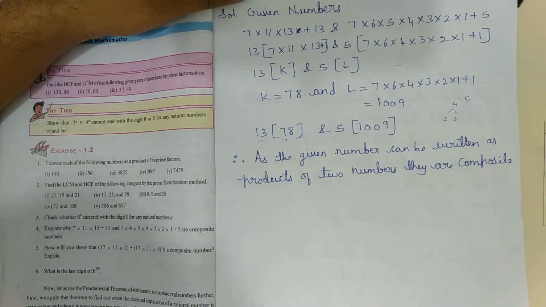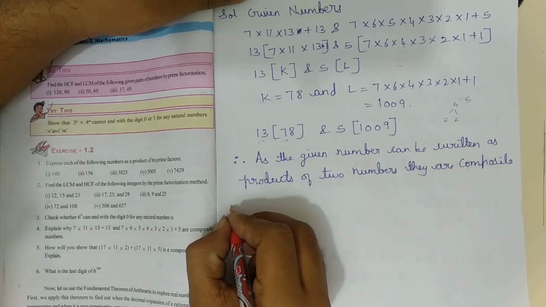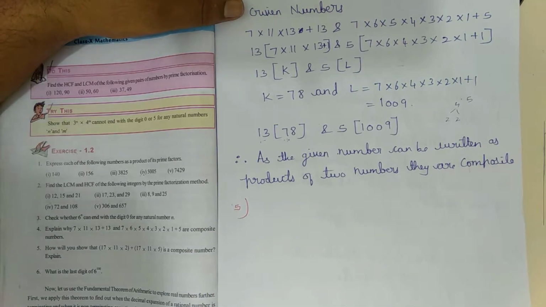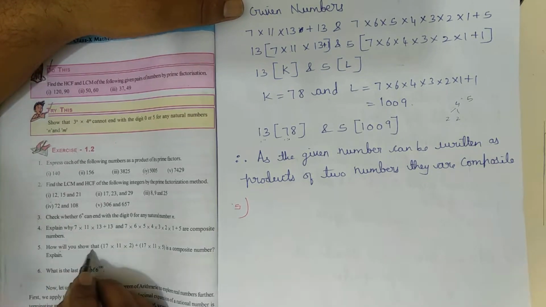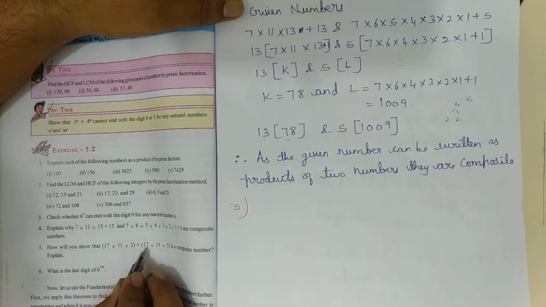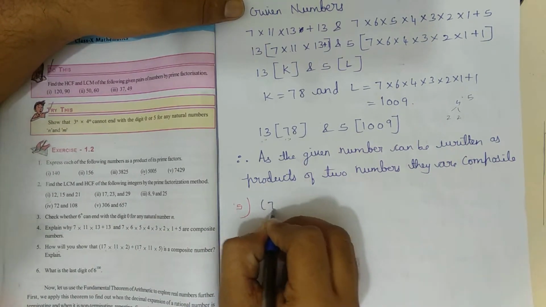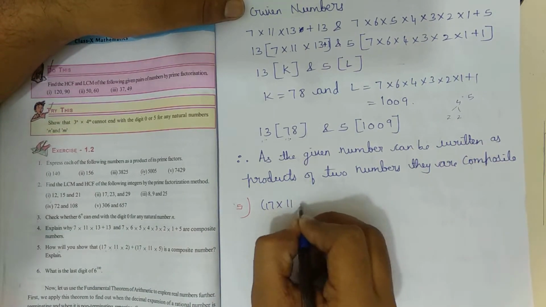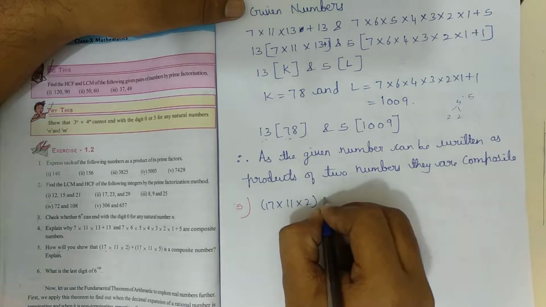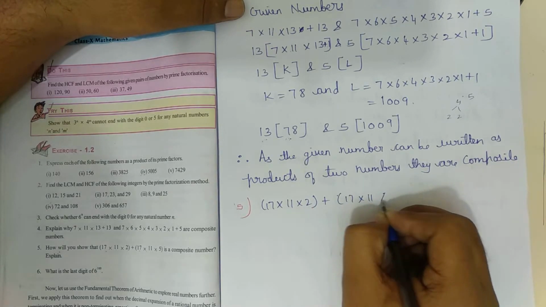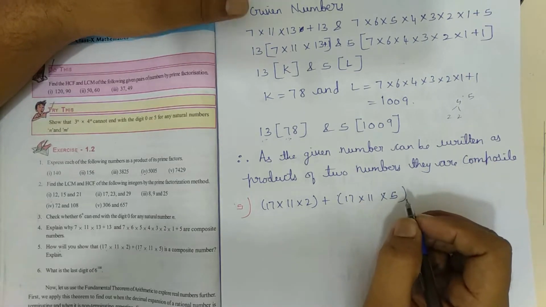Next, we see the fifth question which is given. How will you show that 17 into 11 into 2 plus 17 into 11 into 5 is a composite number?